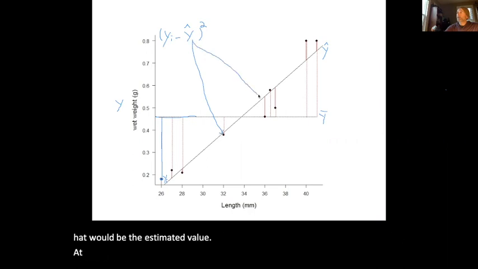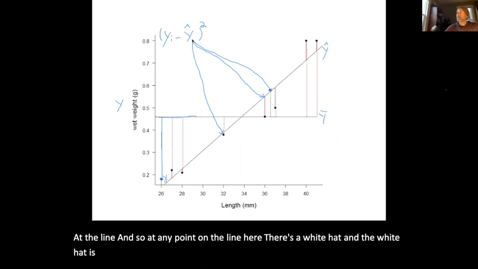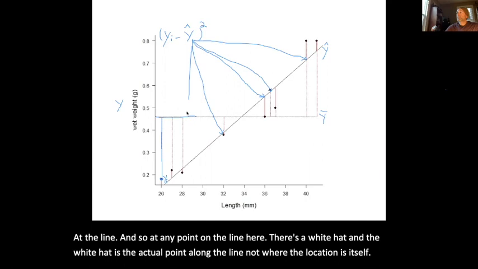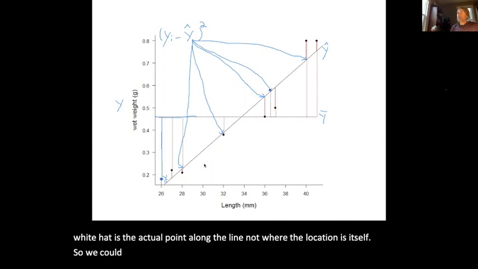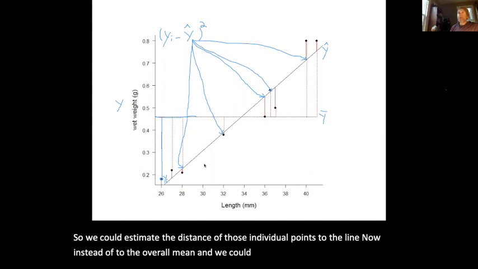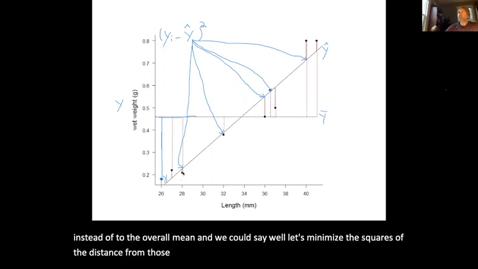So at any point on the line here, there's a y hat. And the y hat is the actual point along the line, not where the location is itself. So we could estimate the distance of those individual points to the line now instead of to the overall mean. And we could say, well, let's minimize the squares of the distance from those individual points to the line. And then we have a least squares regression.